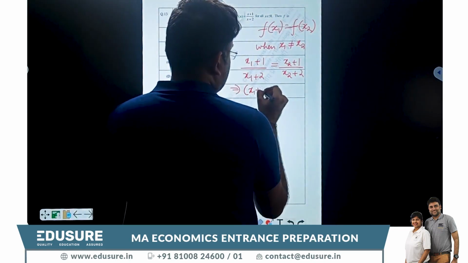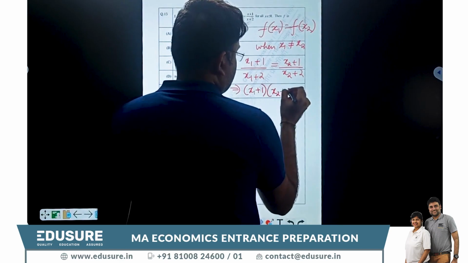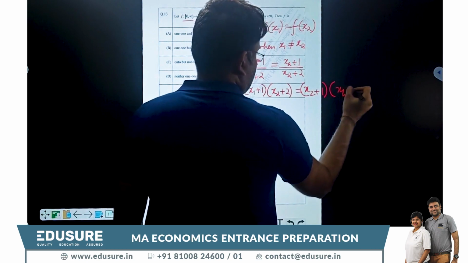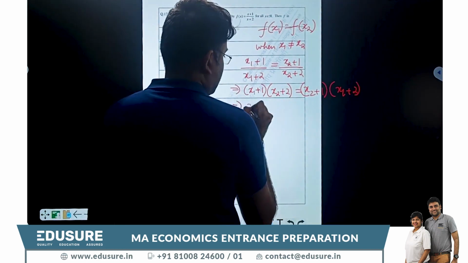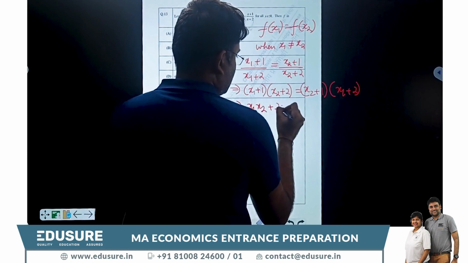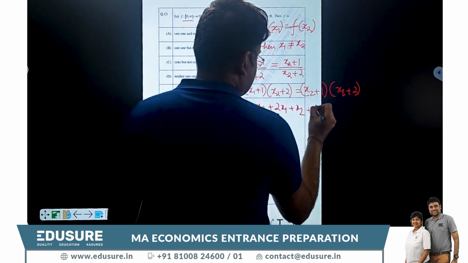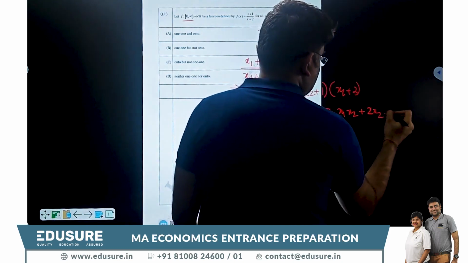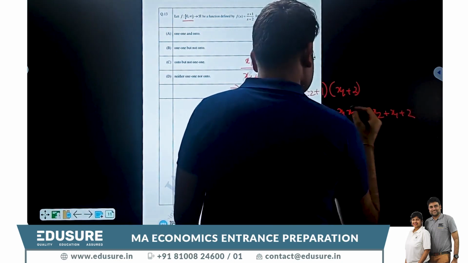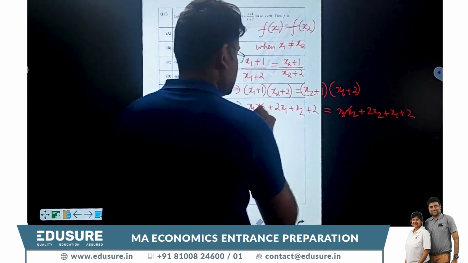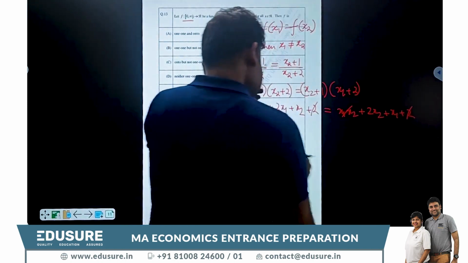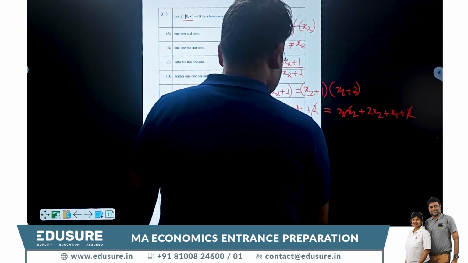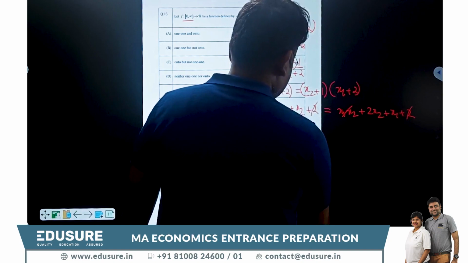You can cross multiply. x1 x2 plus 2 x1 plus x2 plus 2 is equal to x1 x2 plus 2 x2 plus x1 plus 2. So x1 x2 cancels, 2 cancels, and what am I left with? I am left with x1 on one side and x2 on the other.